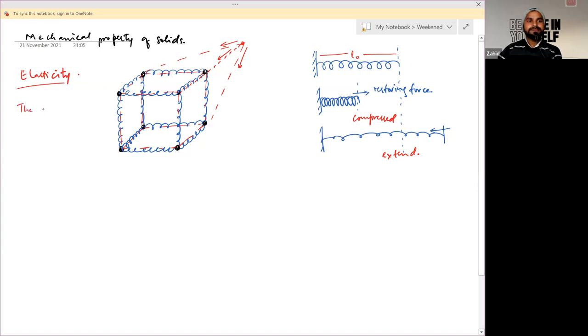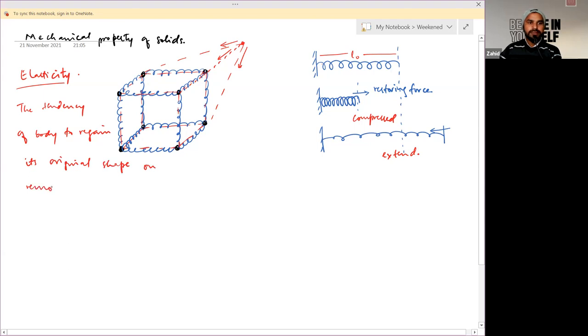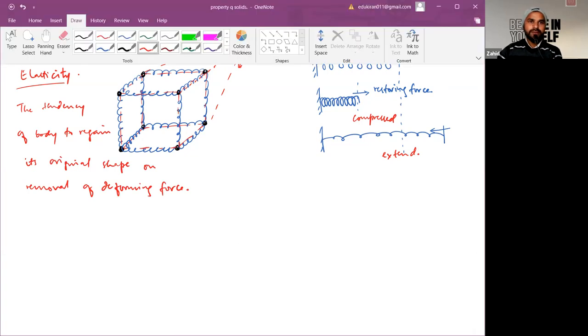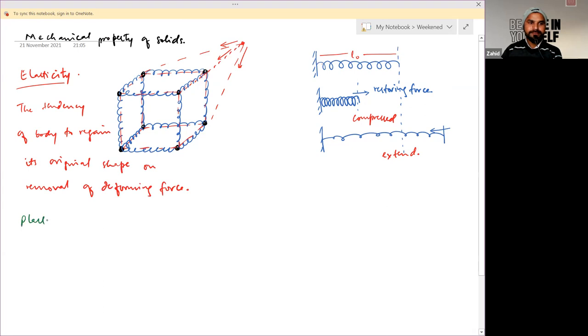So elasticity is nothing but the tendency of a body to regain its original shape on removal of the deforming force, and the opposite of it is termed plasticity, which means a body having no tendency to regain its original configuration on removal of the deforming force.